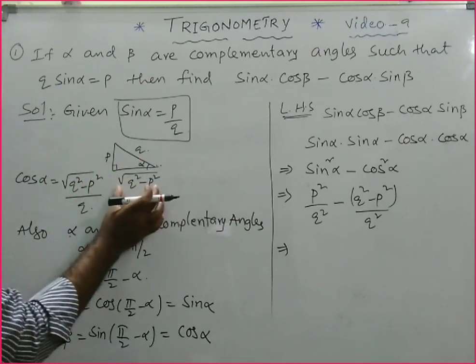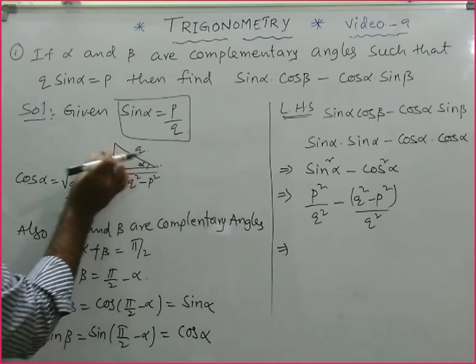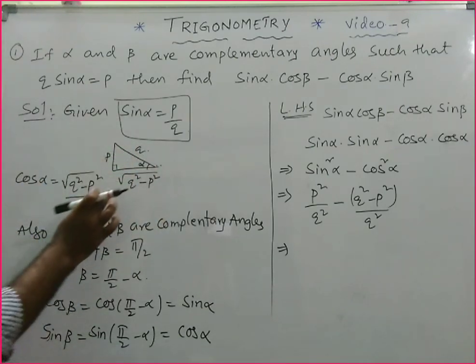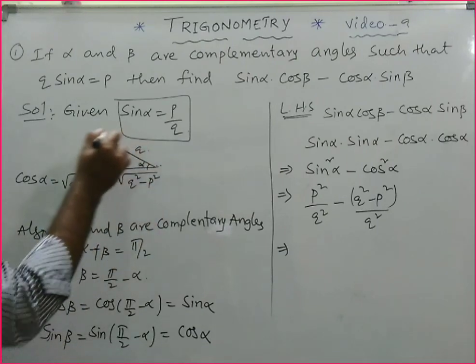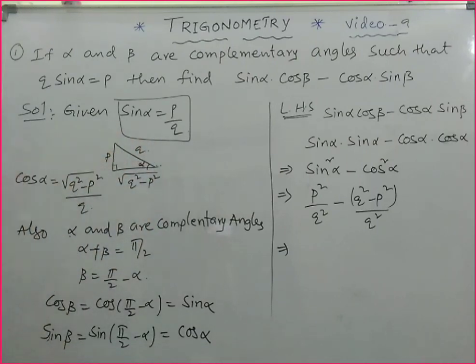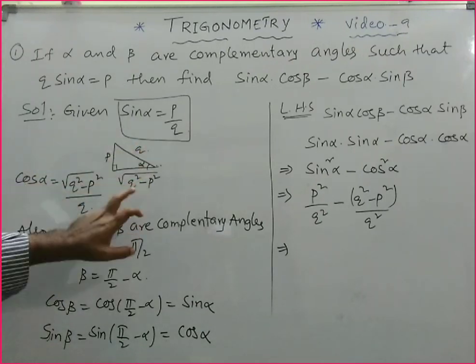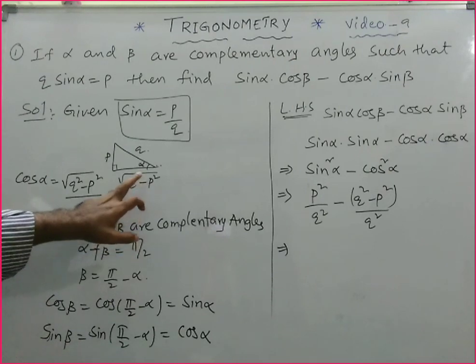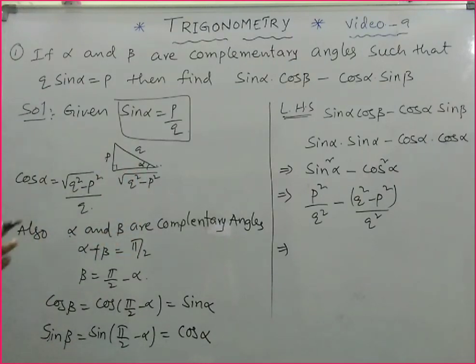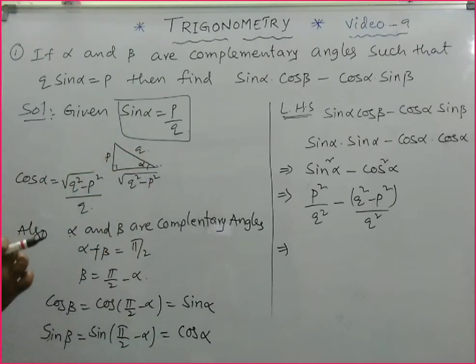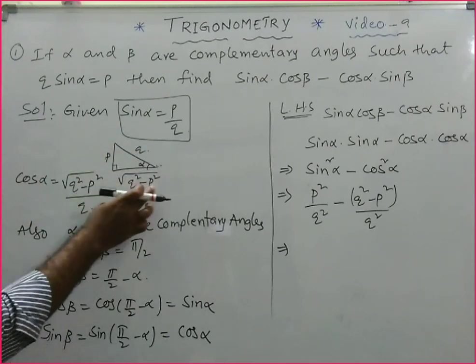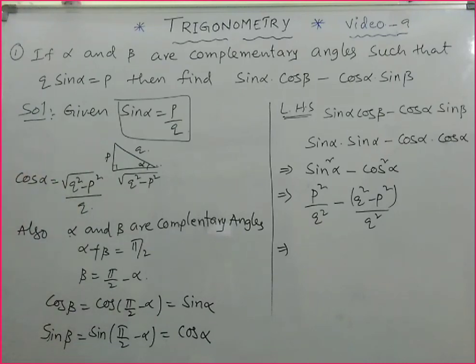So adjacent one is nothing but square root of hypotenuse square minus opposite whole square, which is square root of Q square minus P square. And I hope that you all know about Pythagoras theorem statement. So using the Pythagoras theorem, we can find out the adjacent side. Now from this, cos alpha is equals to adjacent by hypotenuse, that is root of Q square minus P square by Q.